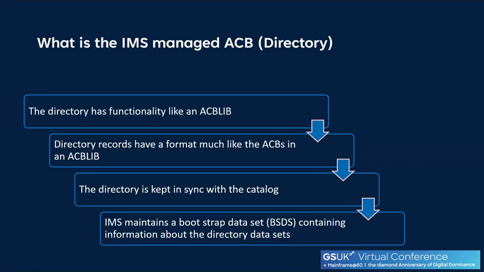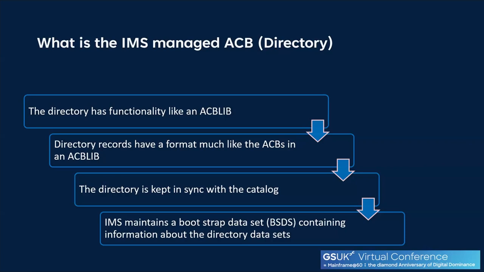There were two ACB Lives, ACB Live A and ACB Live B, and at any given point in time only one library is active, either A or B. Similarly, from an IMS managed ACB standpoint, you have this BSDS that keeps track of what the staging directory is, what your active directories are, and what the current version is that is being used at the moment.